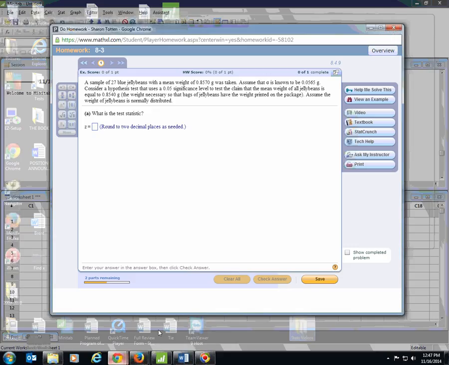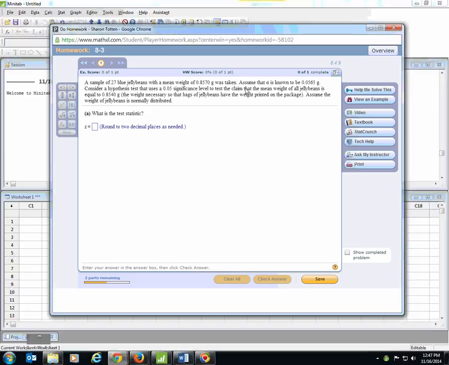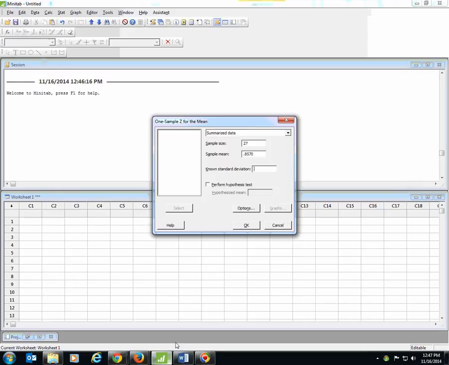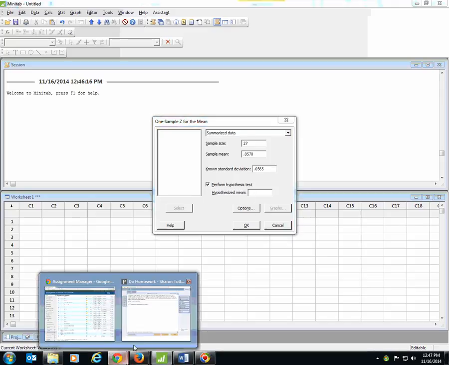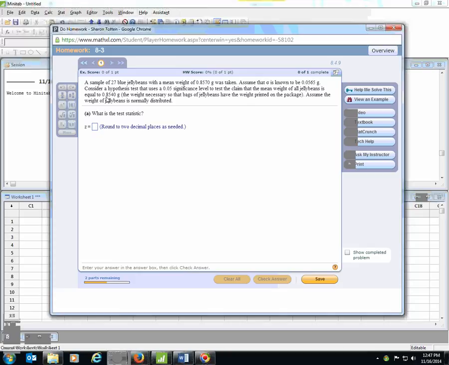We have a known standard deviation of 0.0565. We're going to perform a hypothesis test, and our hypothesized mean is 0.8540.